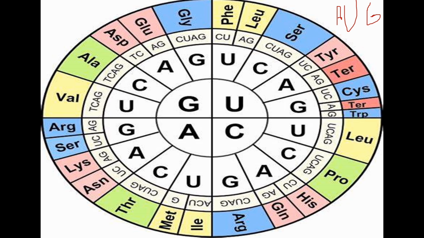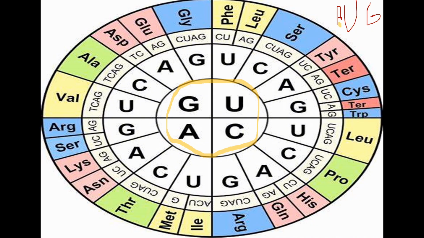The first, I'll just use the yellow highlighter. Here, this internal circle in the center, this is the first letter, A.